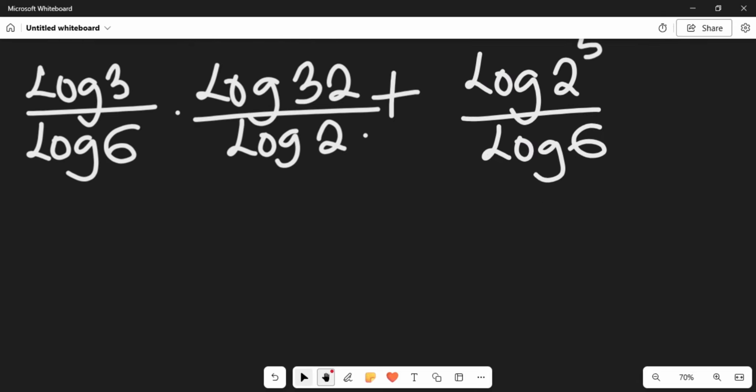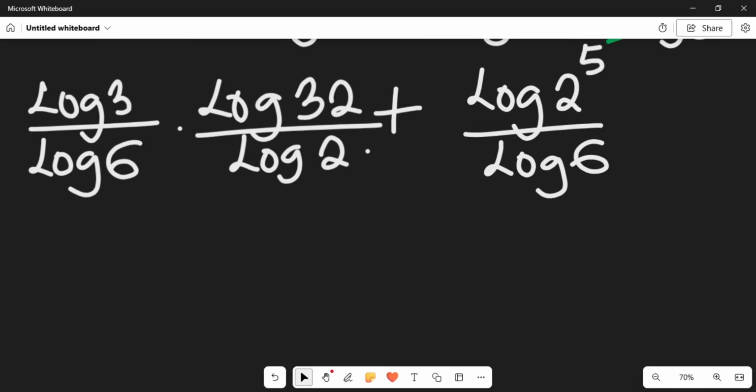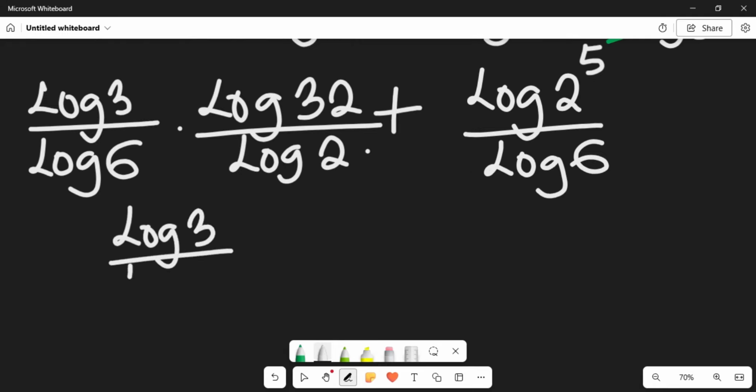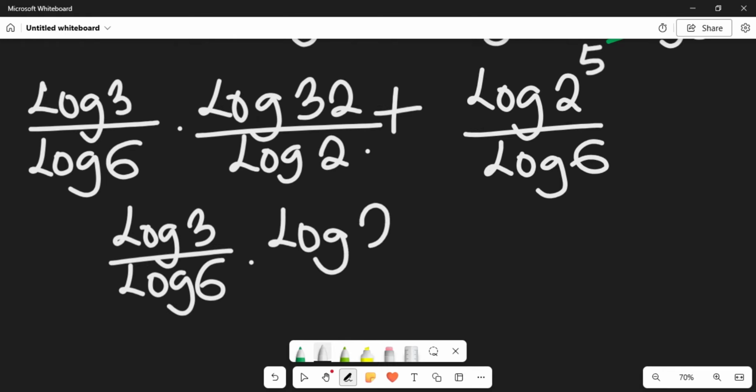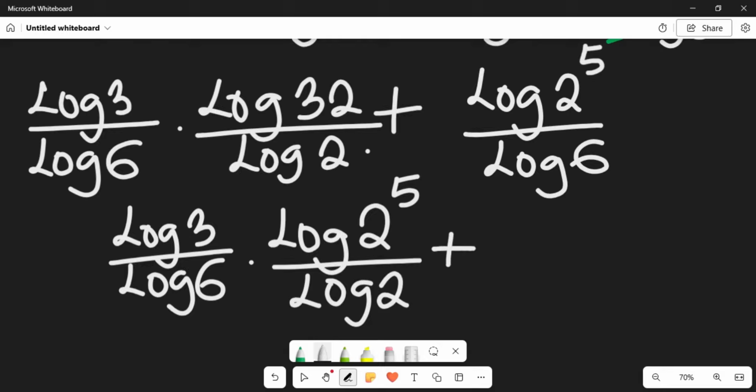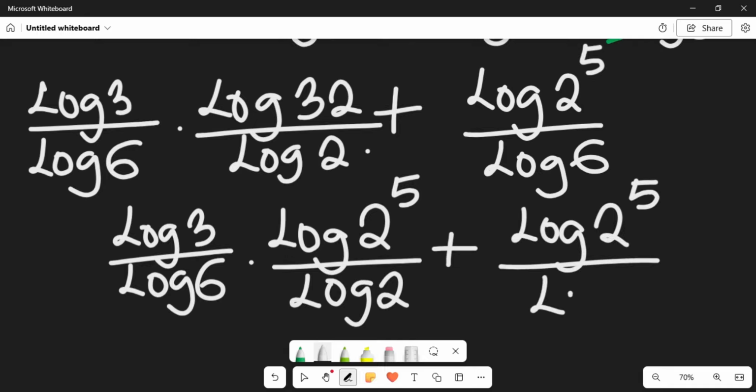So if we simplify this, we are going to have log 3 divided by log 6 multiplied by log of 2 to the power of 5 divided by log 2, and this will be plus log 2 to the power of 5 divided by log 6.